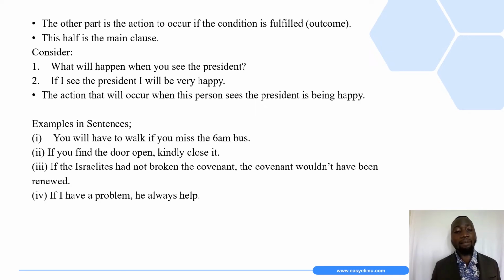The last example under the if conditions is: if I have a problem, he always helps. Meaning that whenever person X encounters a particular problem, then person Y will always come to his or her rescue.